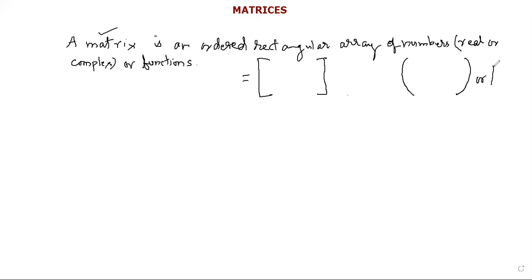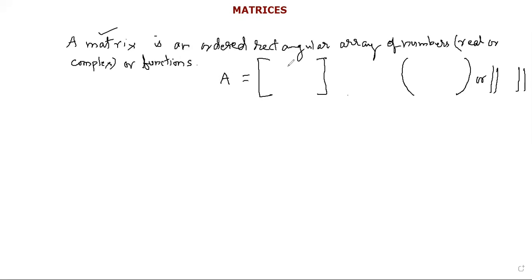And in some books they are using this one also, but rarely. These two lines, but one line will be different, that will be determinant. We will study later on about the determinants. So in matrix we are using these brackets, and it is denoted by capital letters always. Matrix is always denoted by uppercase capital letters.